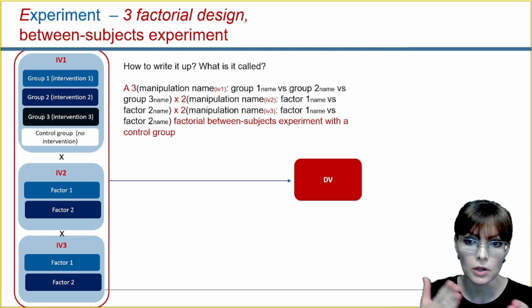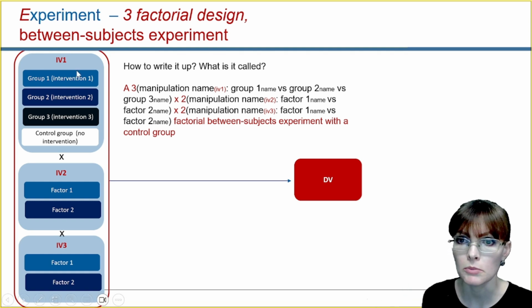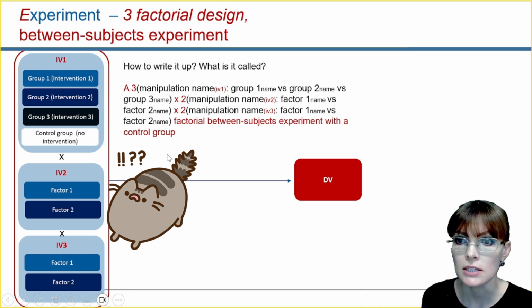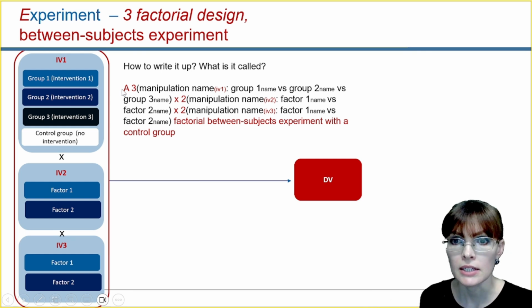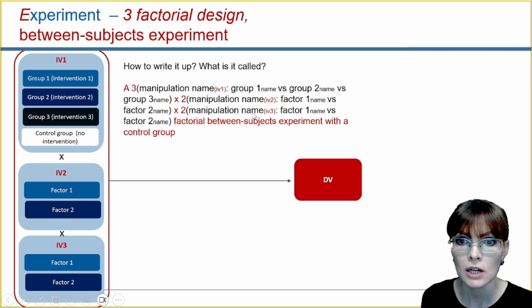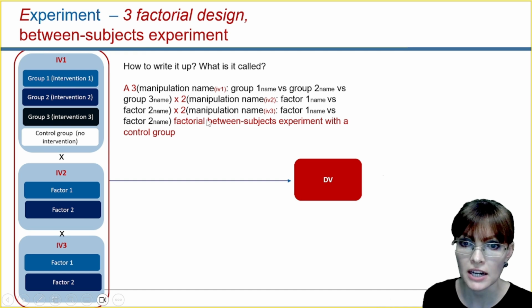But just to show you how to describe a three factorial between subject experiment, I have this example for you on the screen. It is the first independent variable name for group 1 versus group 2 versus group 3, times the second independent variable and its name for factor 1 versus factor 2, interacting with its third independent variable and its name, and then you list the factors, and then you say it was a factorial between subject experiment with the control group.